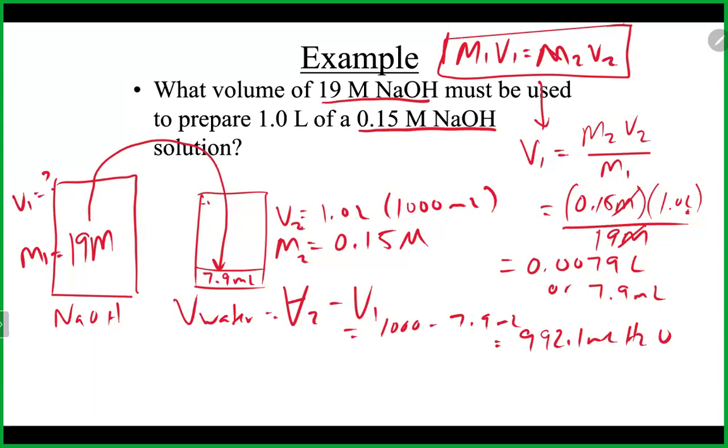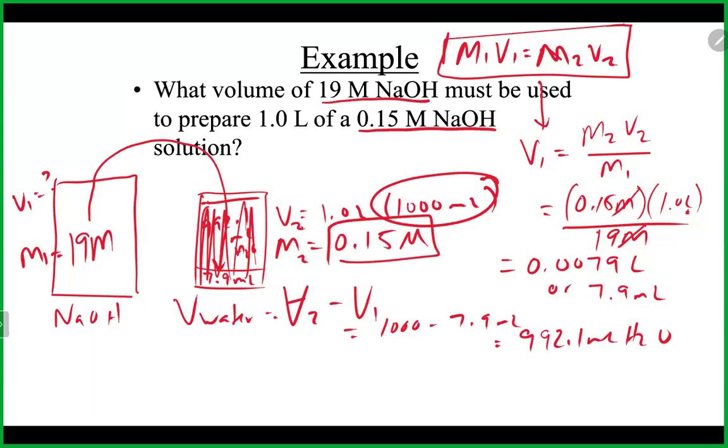So we would then put in there 992.1 milliliters of water. That gives us our total volume of 1 liter. And once we mix that all together, we then should have a solution that has a molarity of 0.15 molar. Any questions on that one there?